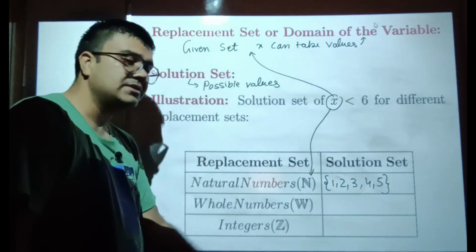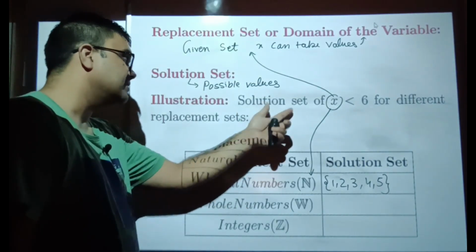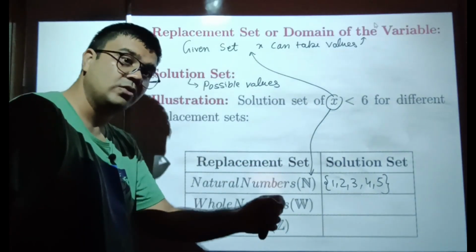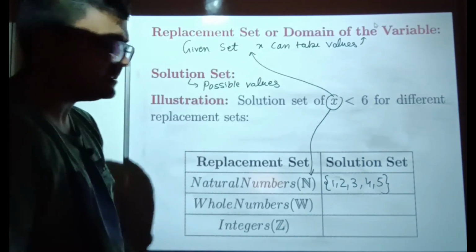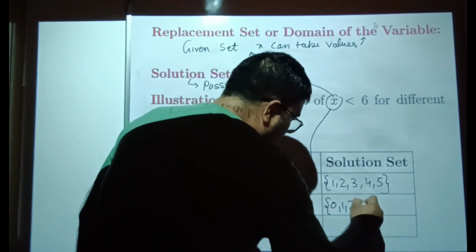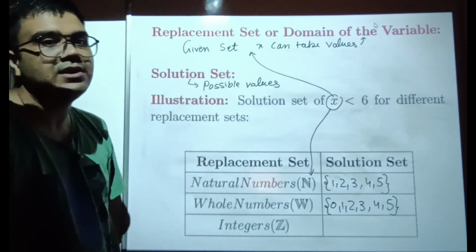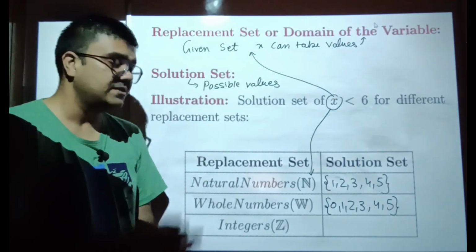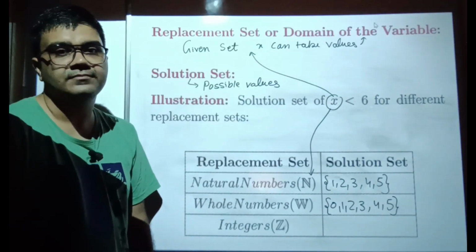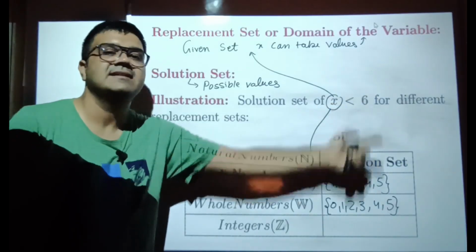Now we are talking about whole numbers. If the replacement set is whole numbers, we find the solution set of x < 6. We want all the whole numbers which satisfy x < 6. They are 0, 1, 2, 3, 4 and 5. If the replacement set is integers, we want all integers which satisfy x < 6.